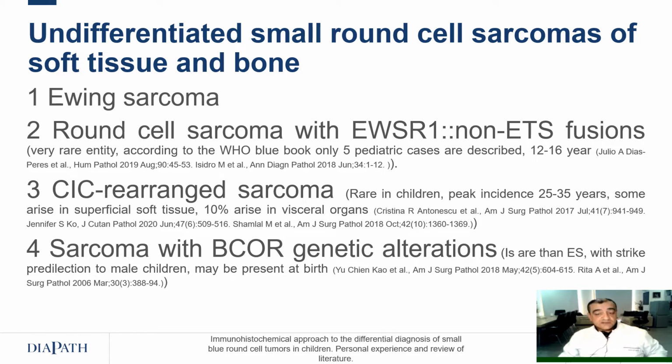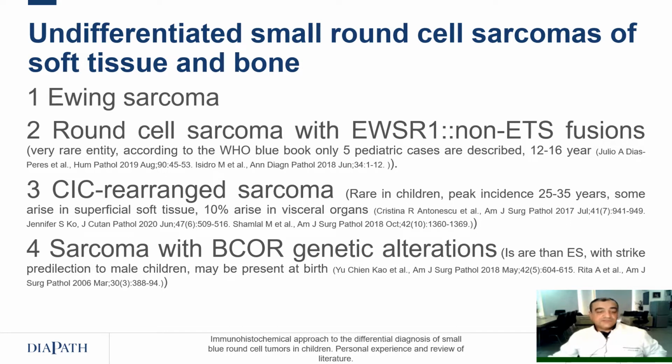CIC-rearranged sarcoma, the next, is the tumor that is characteristic for young adults and adult patients, not for children. And the last, sarcoma with BCOR genetic alterations, is less common than Ewing sarcoma, with strong predilection to male children, and it may be present at birth.